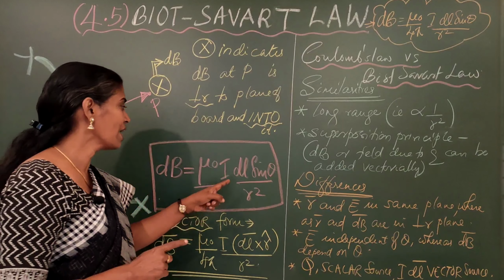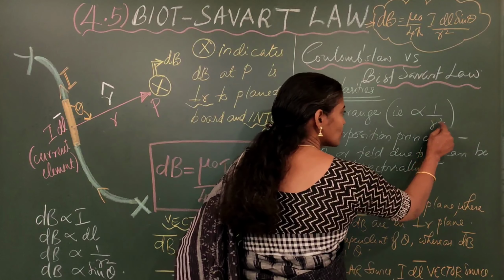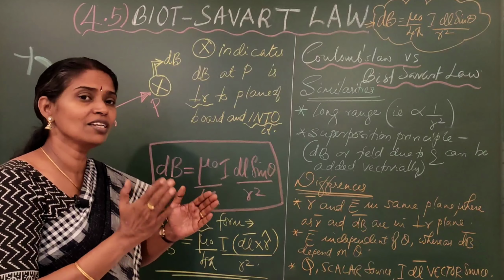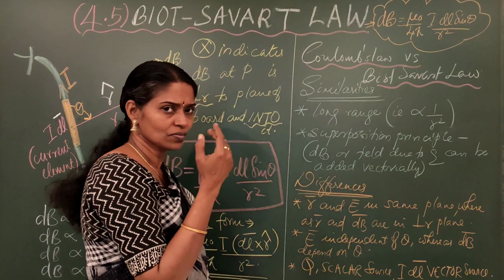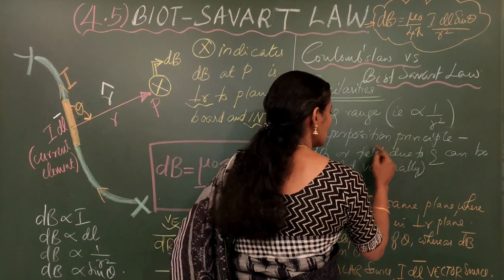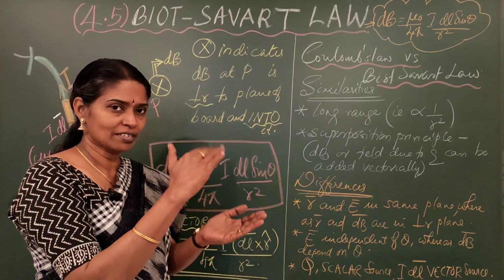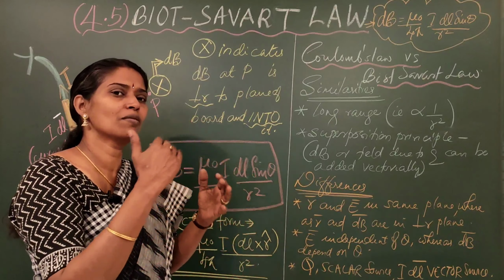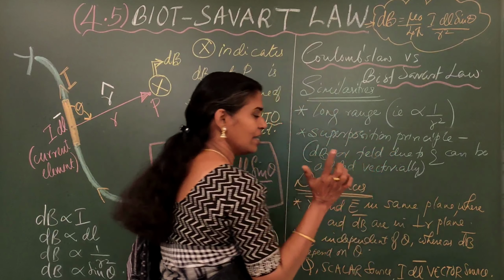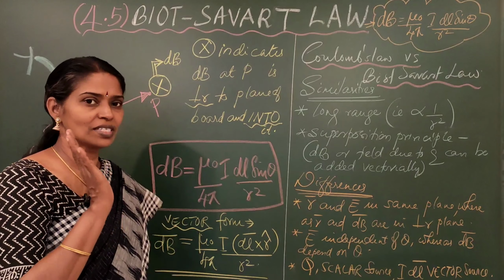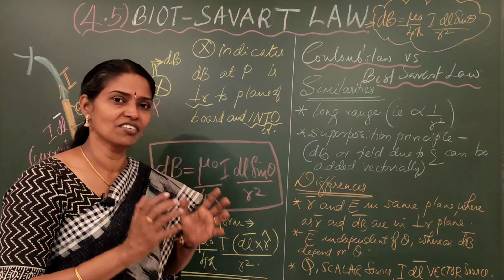Instead of q, I write I dl, proportional to 1 by r square. So both are inverse square laws, Coulomb's law as well as Biot-Savart's law. Now superposition is applicable for both. Why? Vector addition. Electric field, electric force, magnetic field, magnetic force are all quantities which you can add vectorially. The superposition principle is applicable.